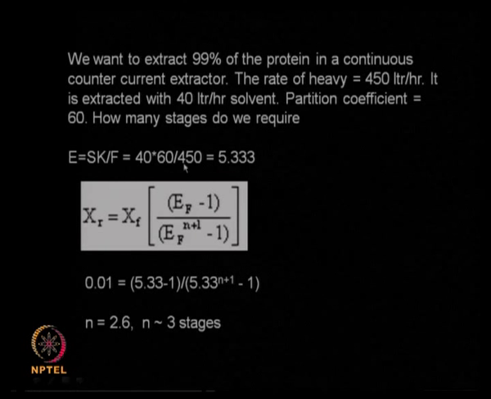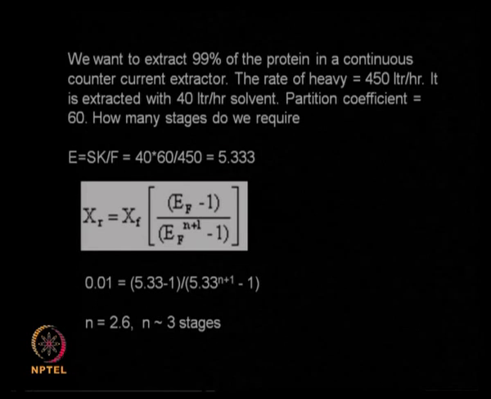Then I substitute all these terms here. Once I substitute all these terms, I get n is equal to 2.6, right. That means I need 3 stages, I need 3 countercurrent stages to perform this extraction.